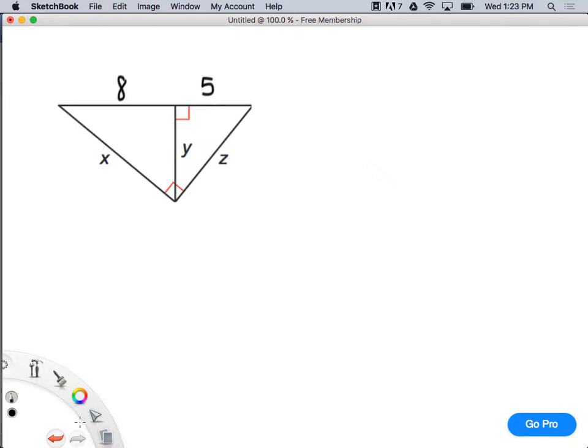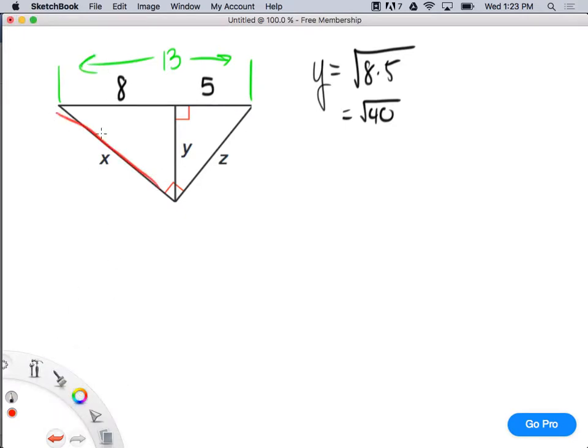So to find y, we have to multiply 8 by 5. So y equals the square root of 8 times 5, which is the square root of 40. To do the other ones, I need to know what the whole thing is. Well, it's 8 plus 5, which is 13.